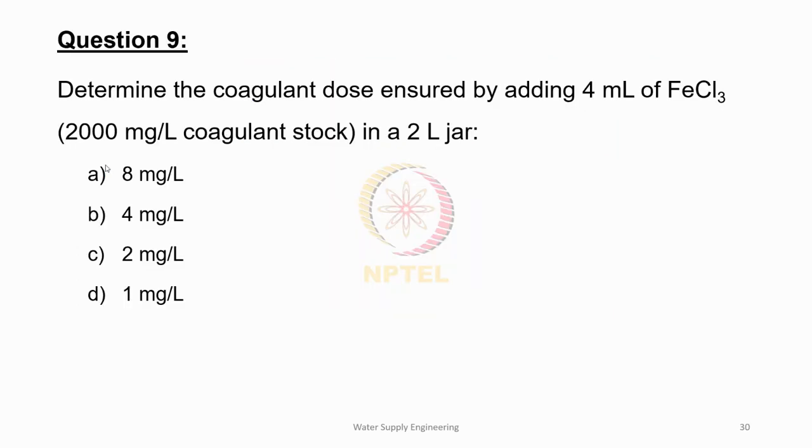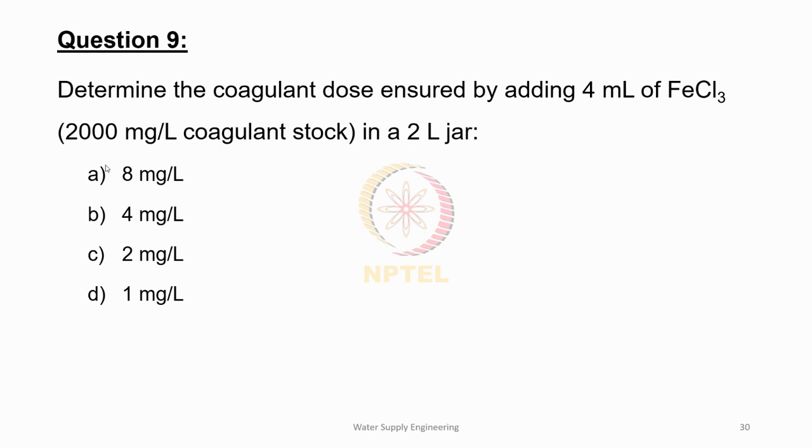Okay, hope that is clear till now. So the next question, question number 9. Determine the coagulant dose ensured by adding 4 ml of FeCl3 to 1000 milligram per liter coagulant stock in a 2-liter jar. Option A, 8 milligram per liter.